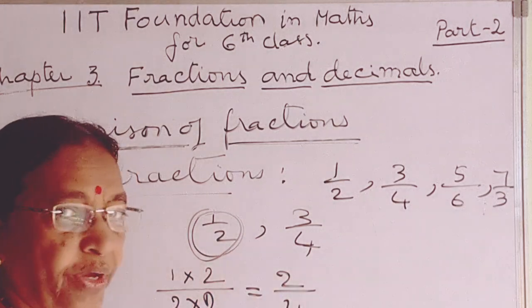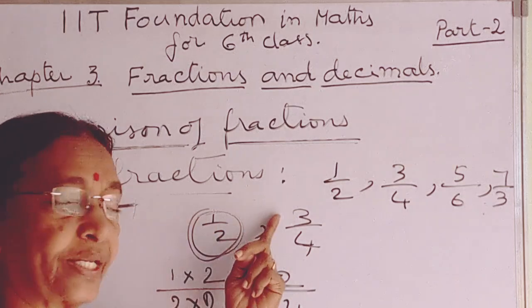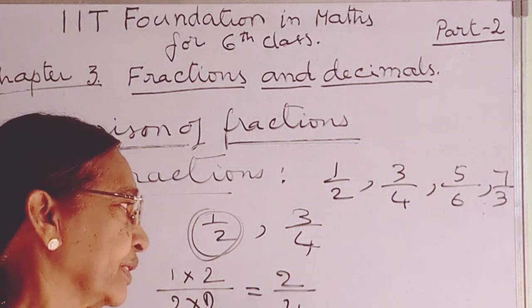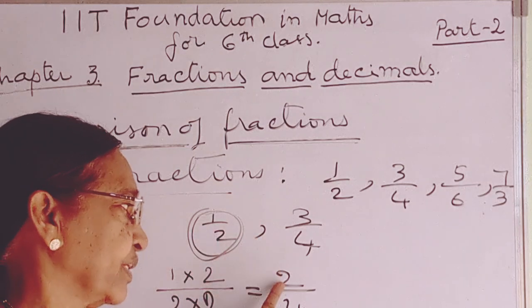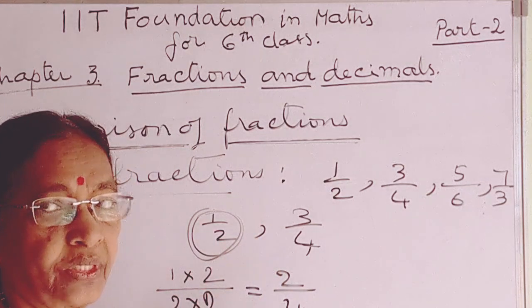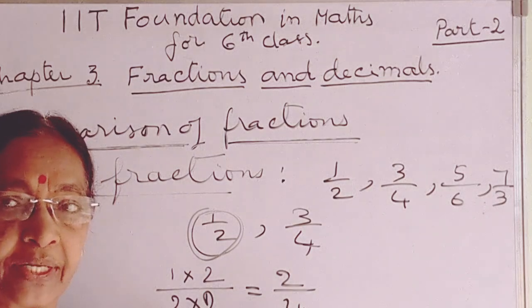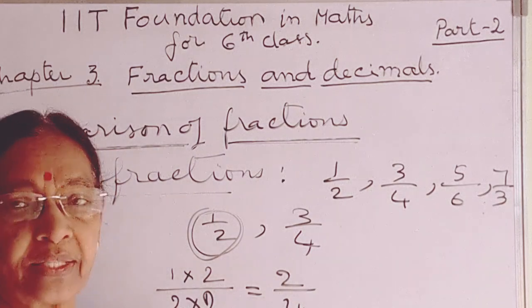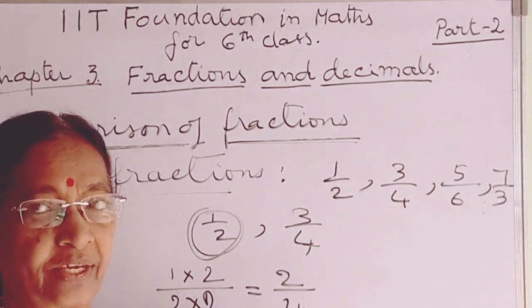To compare 2 by 4 and 3 by 4, the fraction whose numerator is greater is greater. 3 by 4 is greater than 2 by 4 because 3 is greater than 2. As the denominator is the same for the two fractions, they are like fractions. So we can compare them as we compare the like fractions.